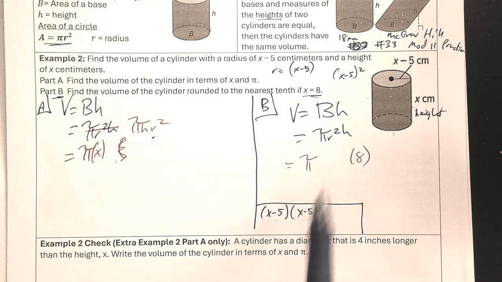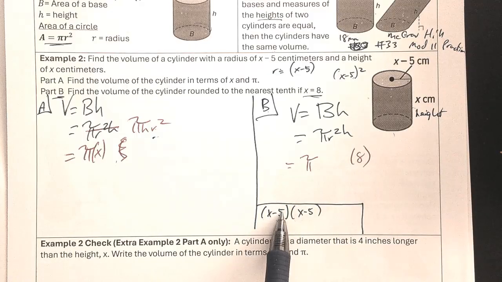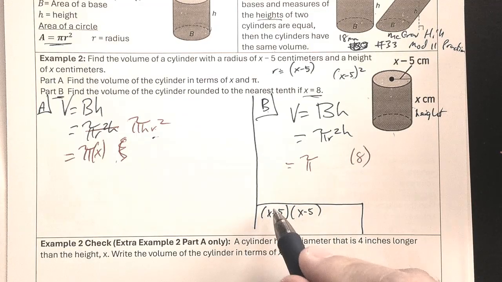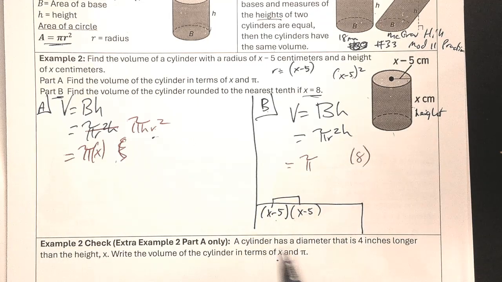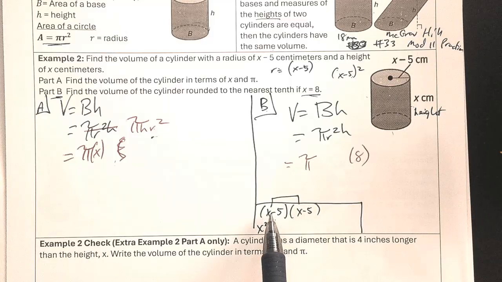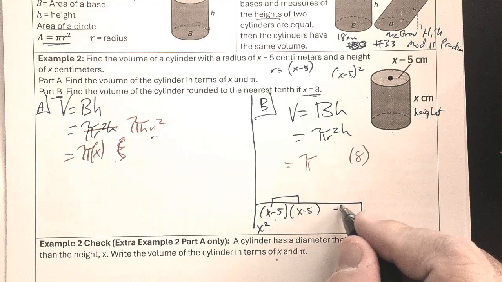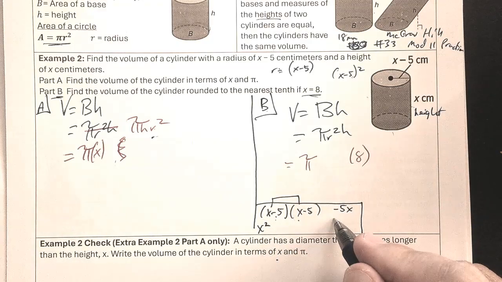So x minus 5, that's the radius, squared is the same as this. So we have to FOIL this. First, outer, inner, last. So x times x is x squared. Negative 5 times x is negative 5x. I'm doing this to the side because we're going to add them and put it here. Negative 5 times x is negative 5x.